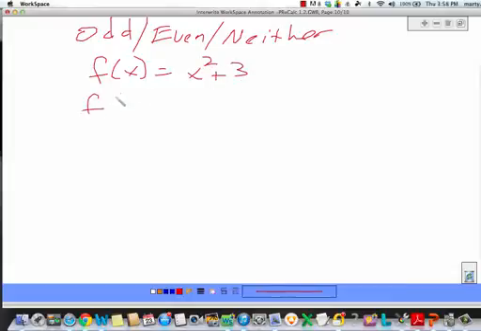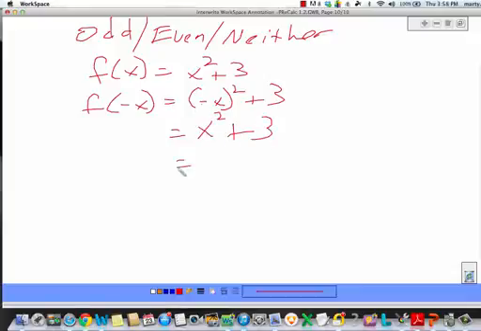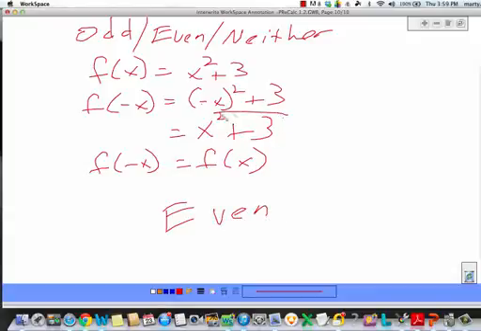In order to check, I change it to f of negative x, plug it in, and I get negative x squared plus 3, which is x squared plus 3. Well, I put a negative in there, and I got exactly the same thing, and therefore it has to be even. This was the original function, and f of negative x is equal to it.